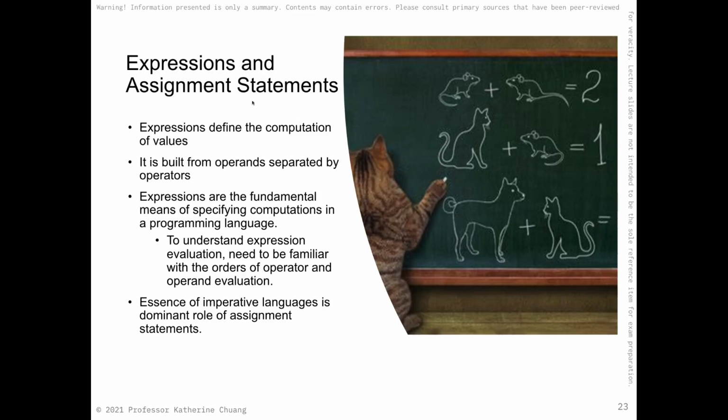So the expression is really to define a computation of values. It's usually built from operands and separated by operators, and this expression is fundamental to expressing logic in a programming language.